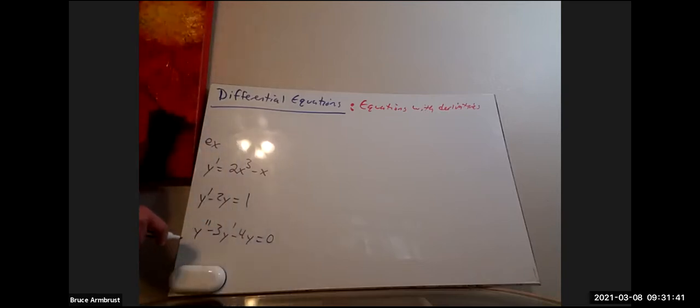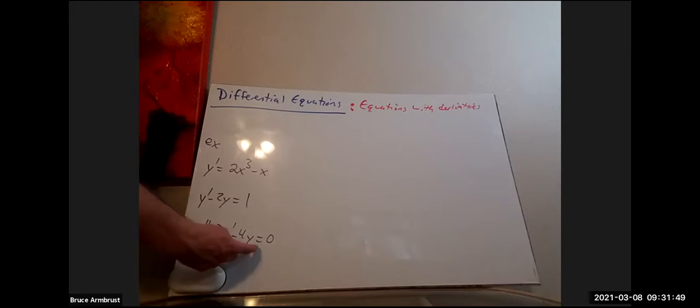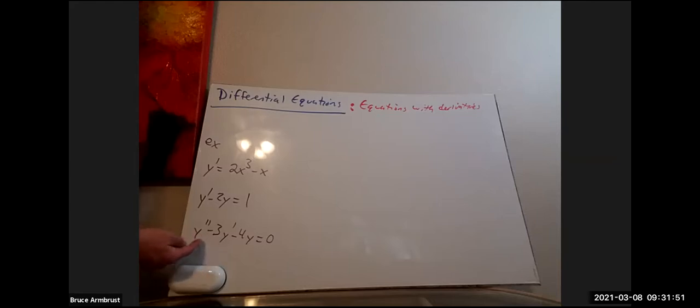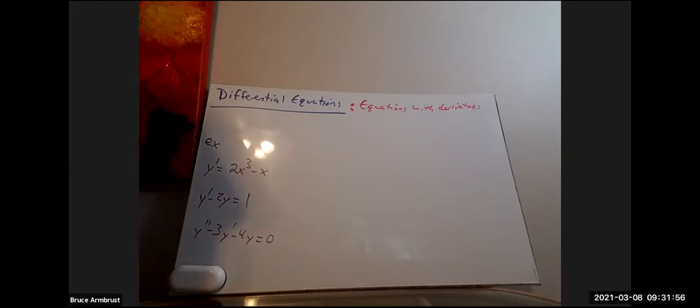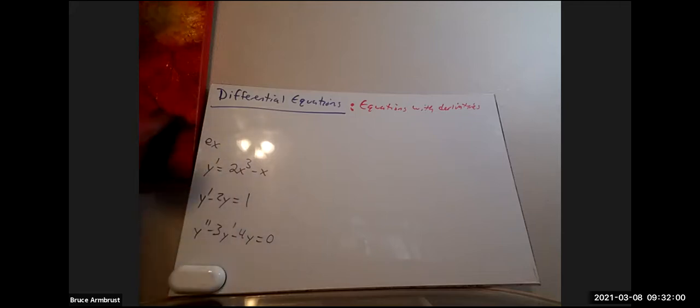Let's say we have y double prime minus 3y prime minus 4y equals 0. So again, it's an equation with derivatives. Now notice that this one also has a second derivative. Well, that's okay. In fact, in differential equations, you can have any kind of derivative in there in any kind of combination.